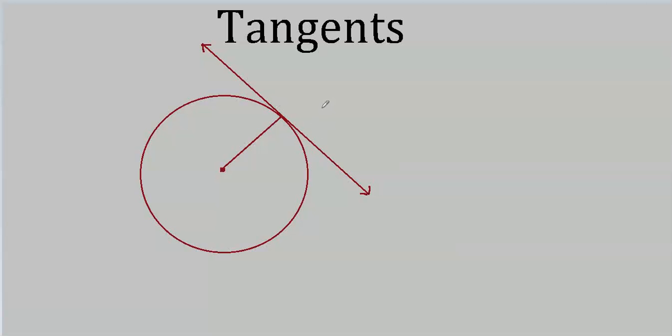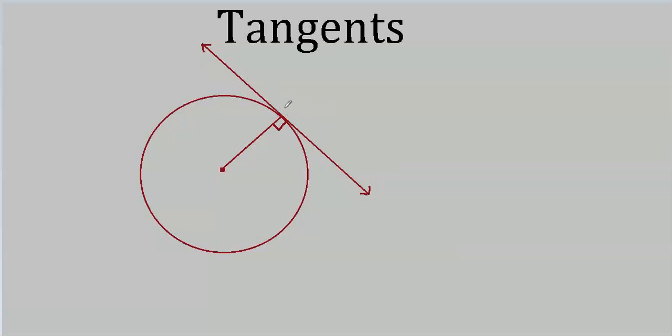Now, the theorem is, at the point of tangency, the radius is perpendicular to the tangent, and vice versa, of course. Well, why the heck would that be true?